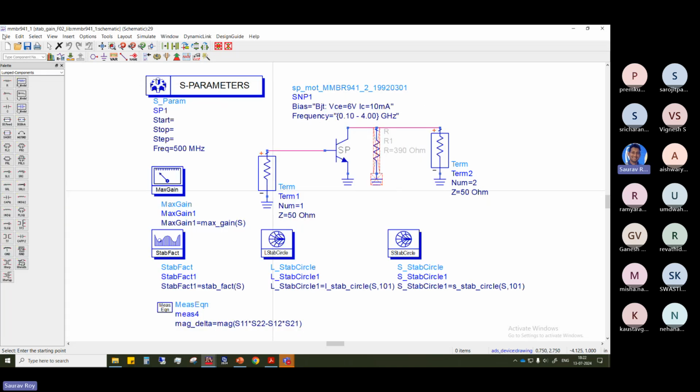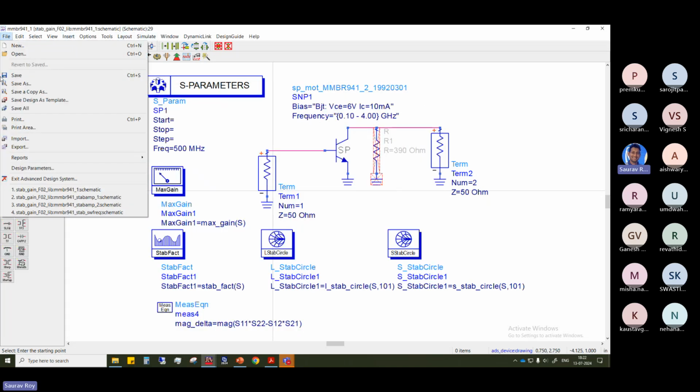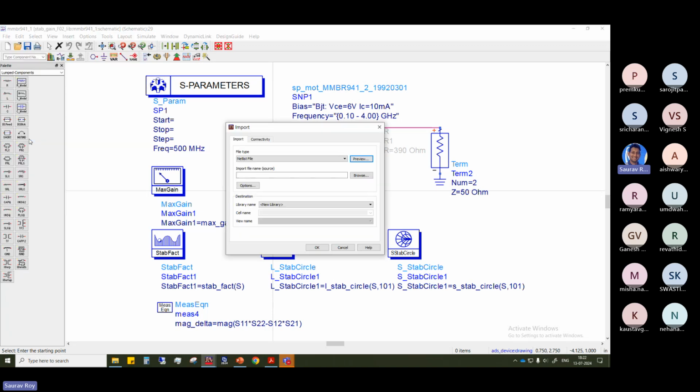See, the thing is in ADS, you can unzip a whole model. Okay. Let me see if I can show you. Import.